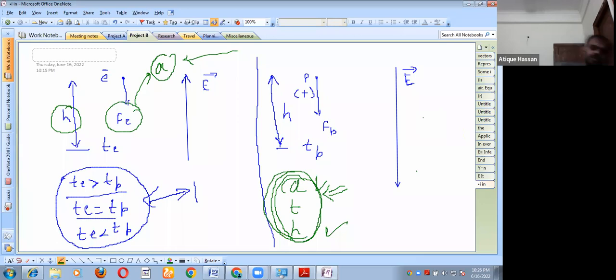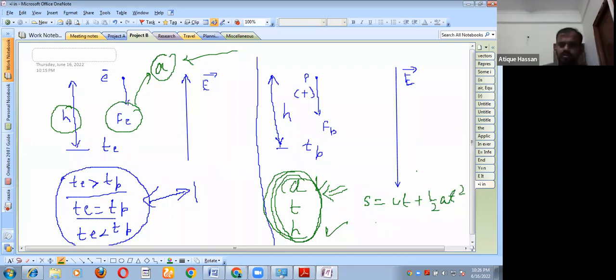If you remember, you studied in class 11 itself an equation S equal to ut plus half at square. Have you seen this equation? No, no, this is the first equation, in fact we studied it in class 9, 10, right? S is equal to ut plus half at square. Here S is equivalent to h, and u is already 0 since they are dropped initially, and acceleration is given.